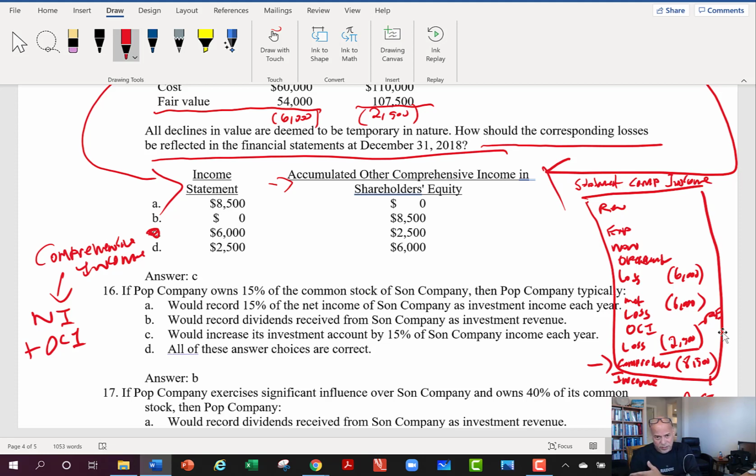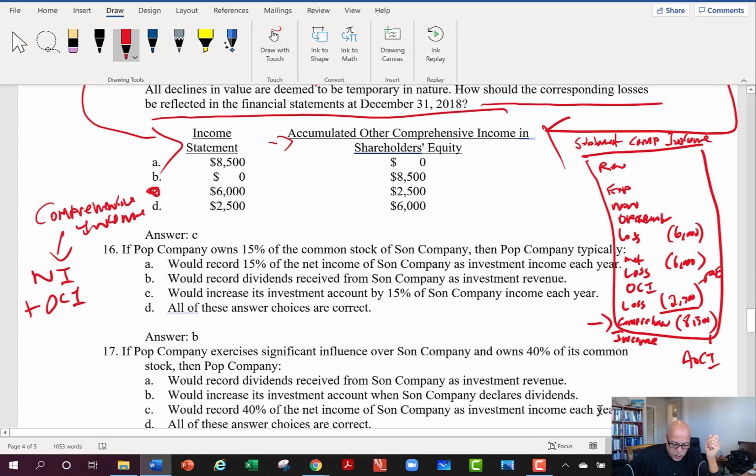Next year, everything starts at zero, of course, on my income statement and on my statement of other comprehensive income. Okay? All right, so hopefully that helps to clear up the difference between accumulated other comprehensive income, which is the accumulation over years, as we saw in some of those other questions, and other comprehensive income in any one certain year.